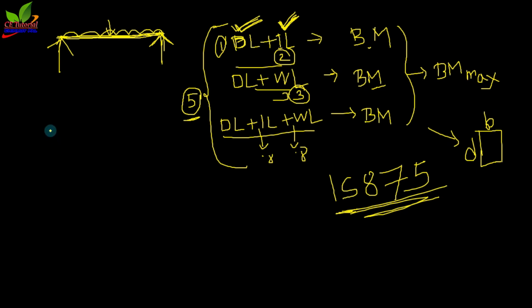Now you can notice that I have told you the factor multiplied with dead load and live load is 1. That means when we are considering a structure in real life with a lifespan of 50 years, in between the 50 years, we are considering only the load which is coming on the structure.